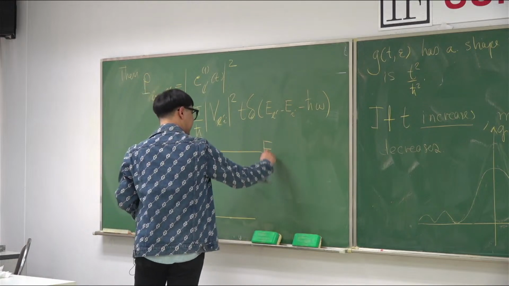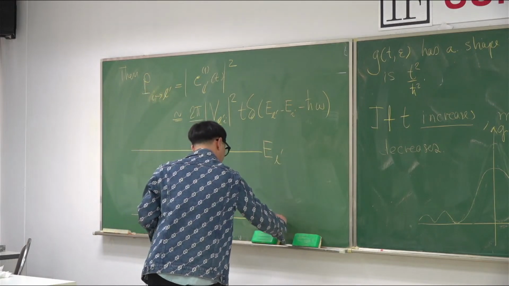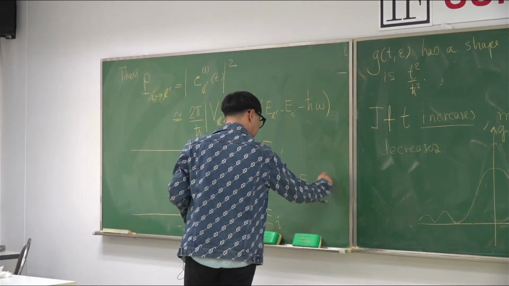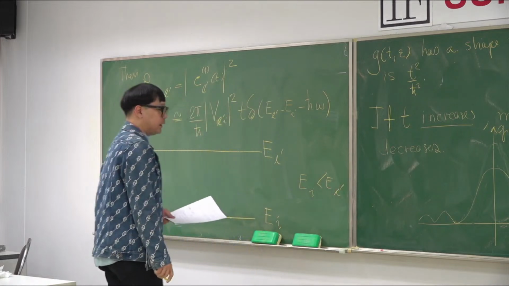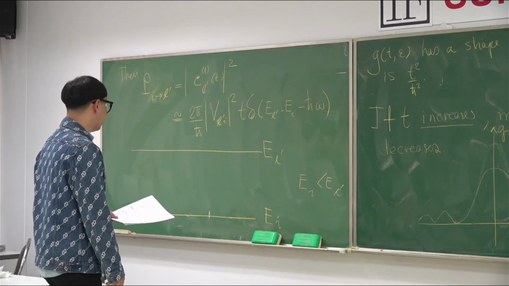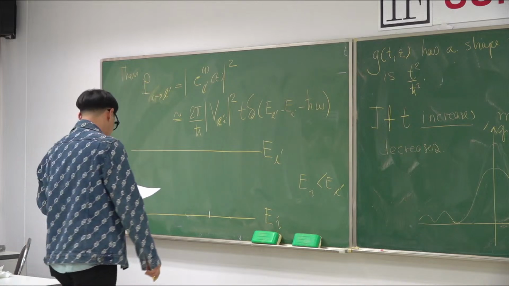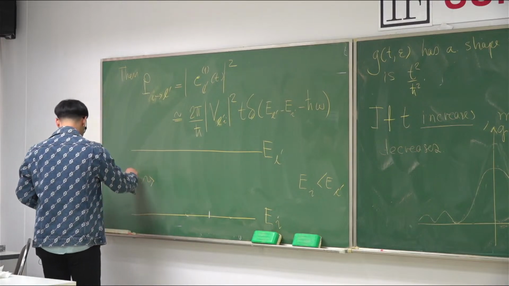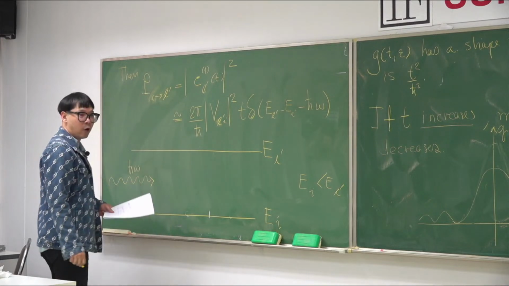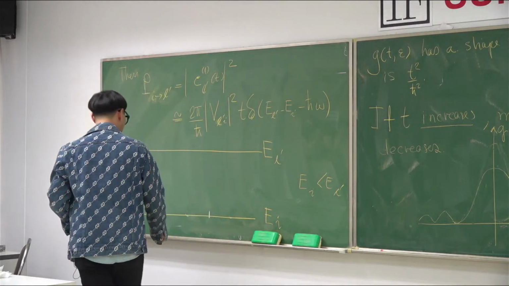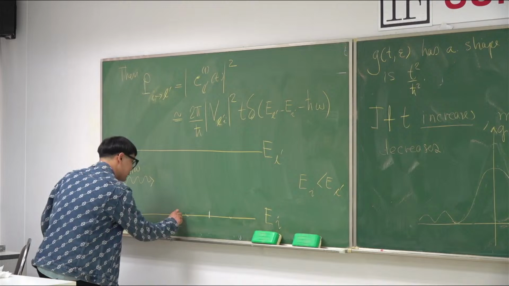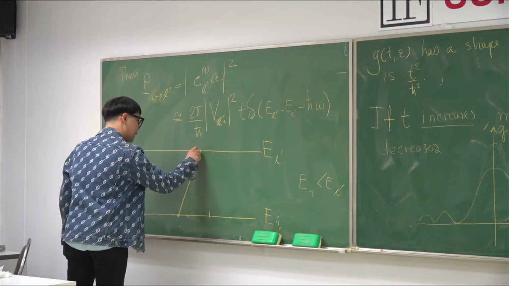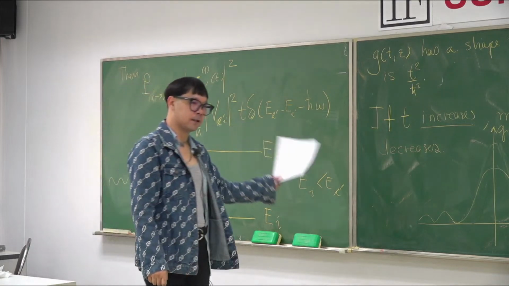Suppose this is your E_l, this is your E_i, so you have a two level system. It means that if you put the energy h bar omega into your system, it will excite your system from this level up there. That is the picture that we have from this.